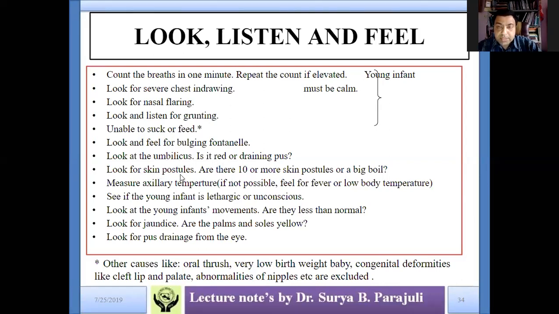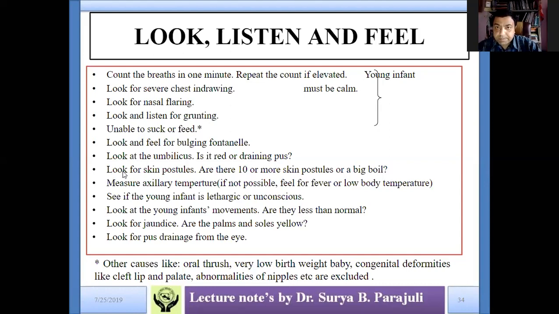Look for skin pustules, not a single one, but 10 or more than 10 skin pustules, or a big boil. Measure axillary temperature. If not possible, feel for fever or low body temperature, hypothermia. Fever or hypothermia.